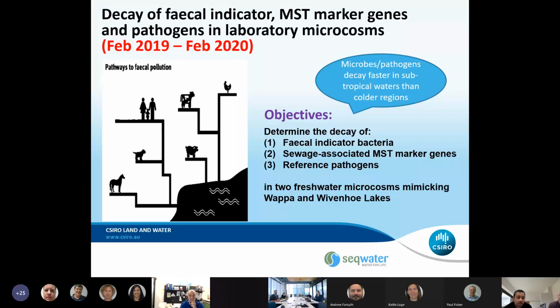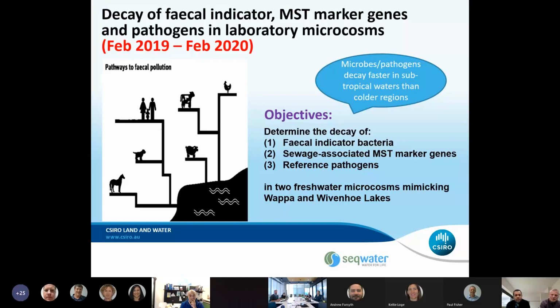All right, so this project started in February 2019 and ended in February 2020. We had a hypothesis that microbes and pathogens decay faster in subtropical waters than in colder regions due to elevated temperature and sunlight exposure.